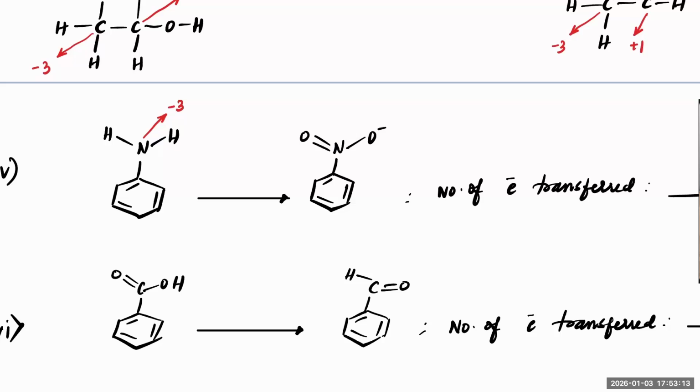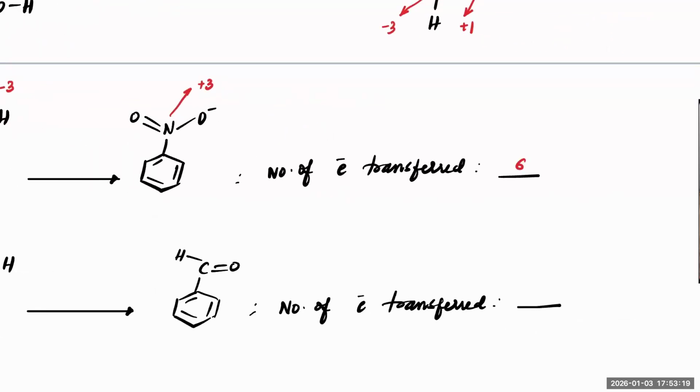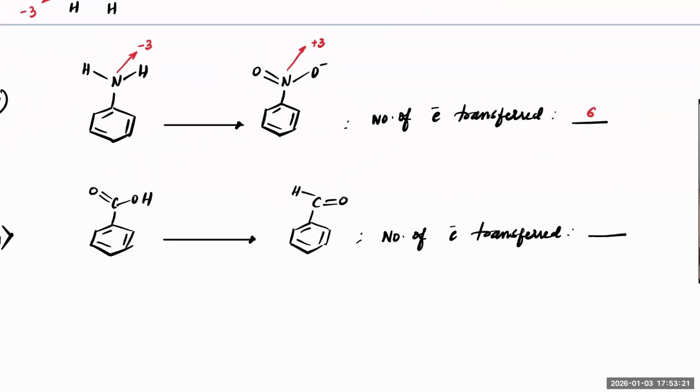Correct. So it is +3. So how many electrons must have been transferred? 6. Correct. Now tell me, Devashi, what do we call this process, an oxidation or a reduction? Oxidation, because from -3 it is going to +3. So if the positive value is increasing, it is always oxidation.